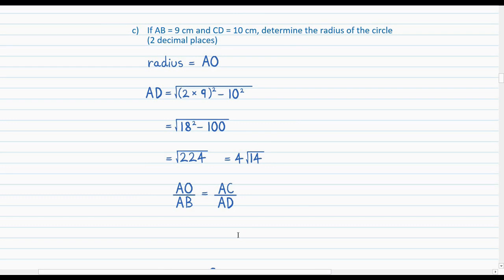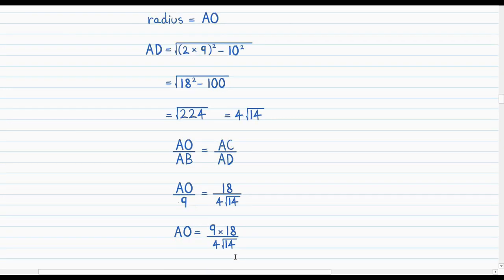Then subbing in the values we already know gives AO over 9 is equal to 18 over 4 root 14. Then it's simply a case of rearranging for AO, giving 9 times 18 over 4 root 14. And when you type that into your calculator, you get the final answer as 10.82 centimeters to 2 decimal places as required. Then let's go through one more example before looking at the second proof.